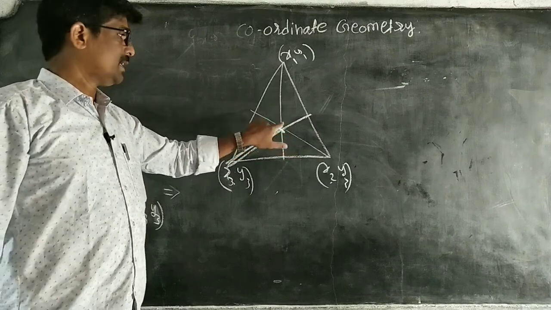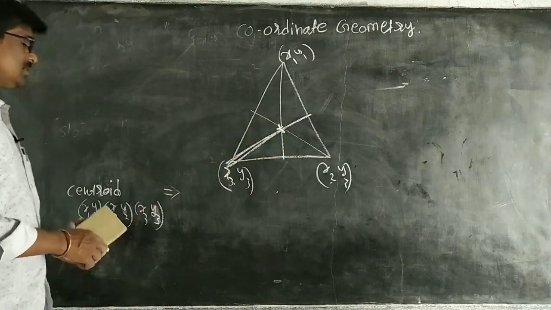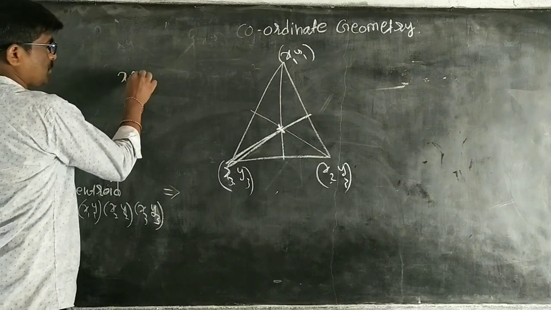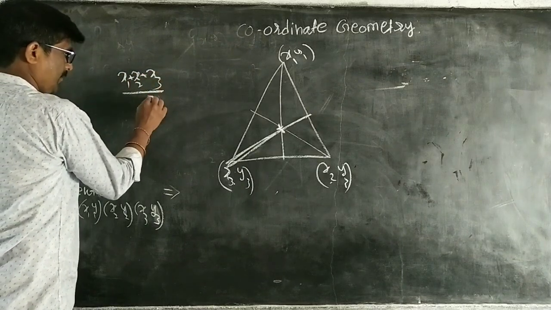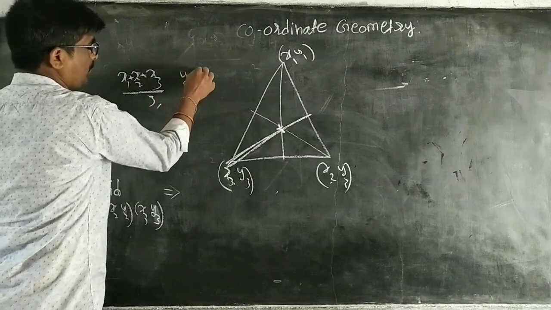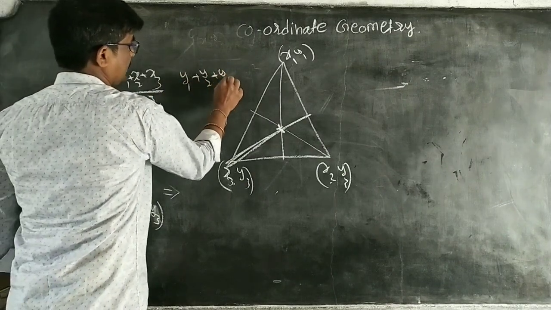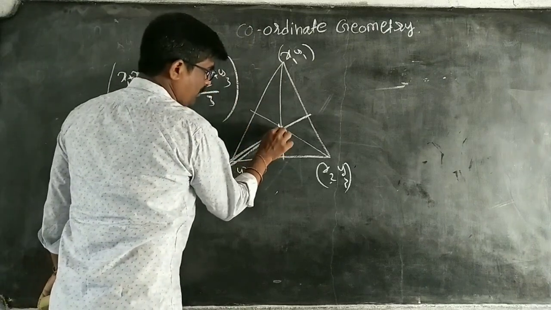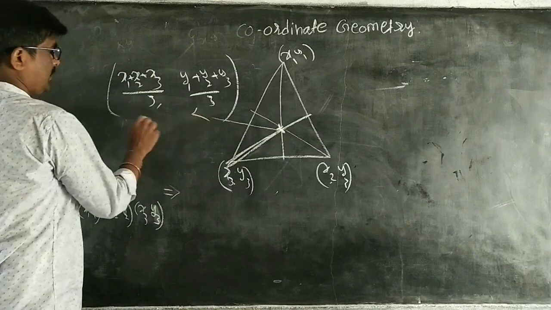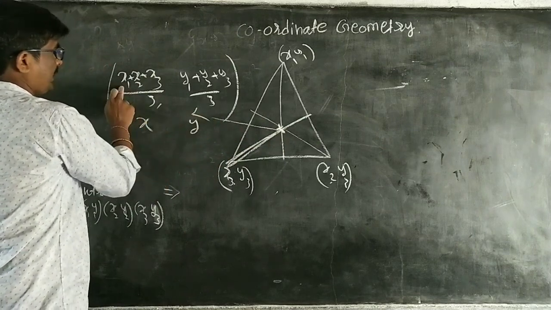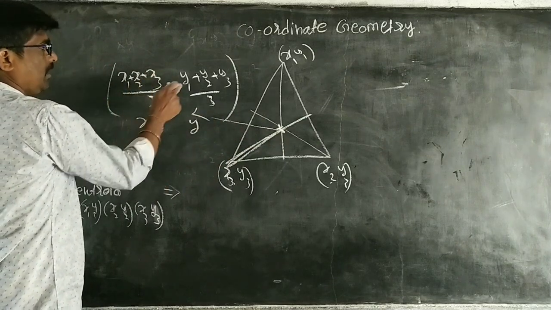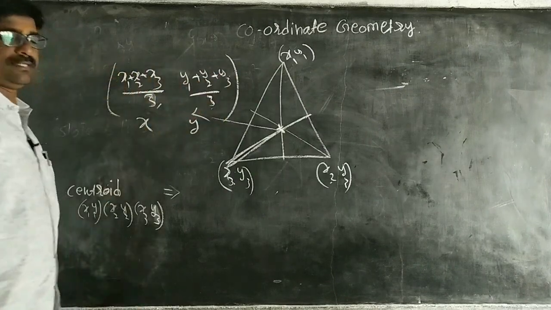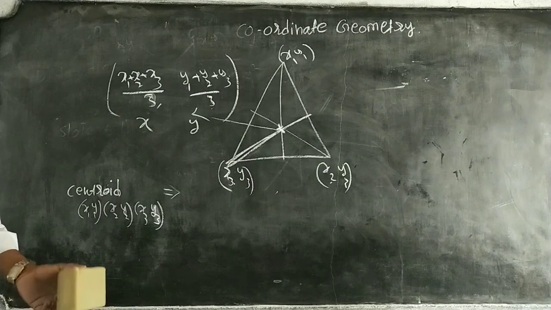The formula is: centroid is equal to x1 plus x2 plus x3 by 3, and y1 plus y2 plus y3 by 3. This point has x value x1 plus x2 plus x3 by 3 and y value y1 plus y2 plus y3 by 3. This is the centroid.